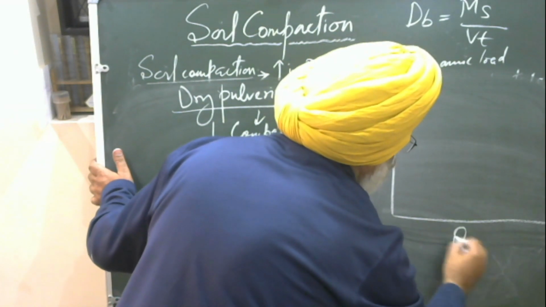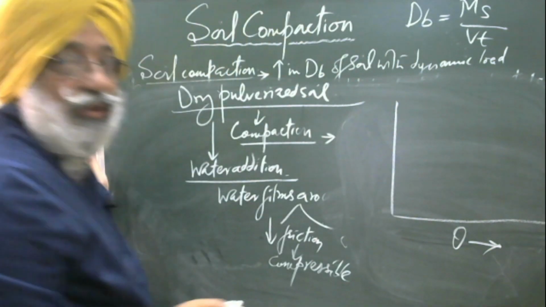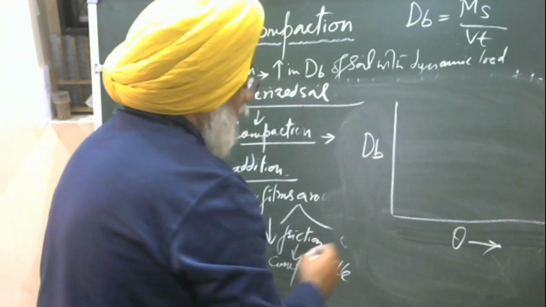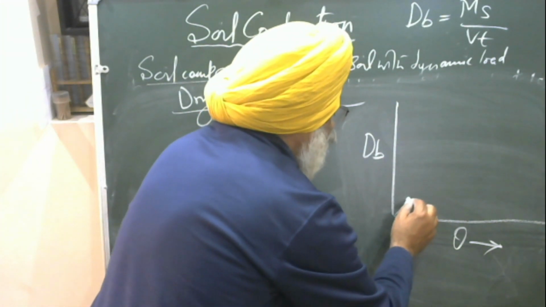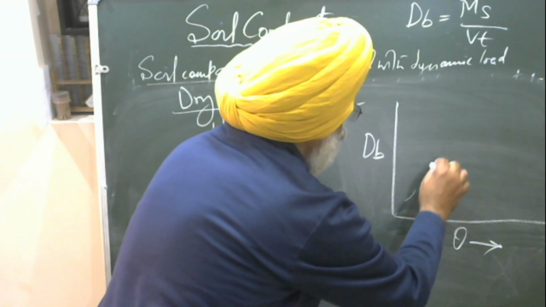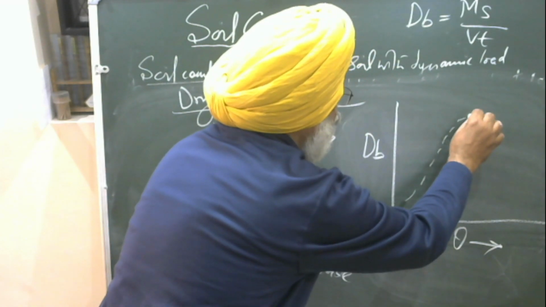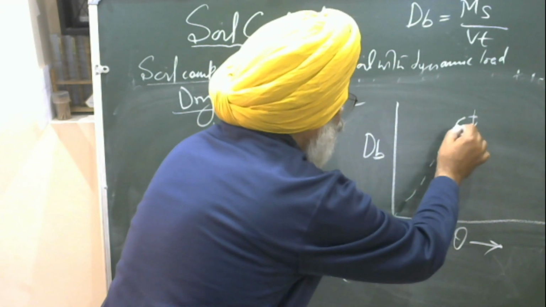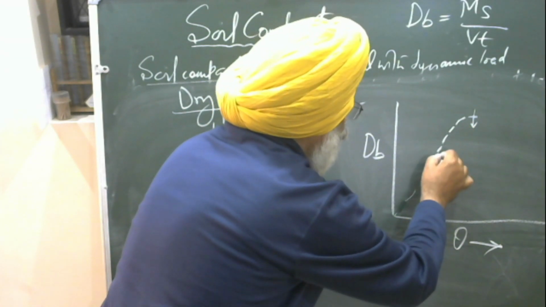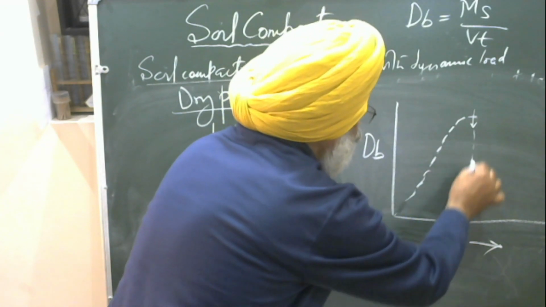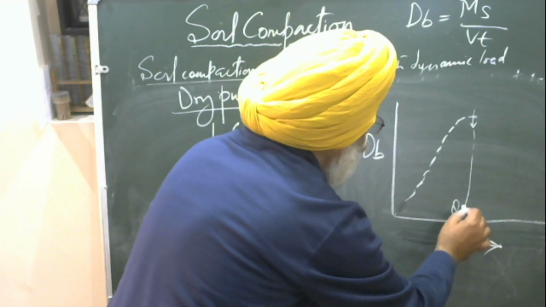So that means when you are applying water into the soil, if this is your theta, theta is soil moisture content, and here it is bulk density. So when you are increasing the water content of the soil, I should say like this, the bulk density increases. Then a peak comes over here. This theta, you can call it theta p.